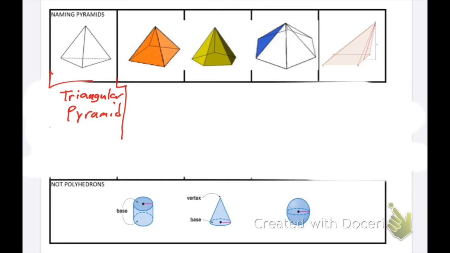Now let's look at this one. What's the shape of my base? The shape of my base is a square. And one other thing we gotta look out for, if I go from the vertex, if I draw a perpendicular line to the base, if it lands right in the middle there, and if it's perpendicular to the base, then I can say that this is a right pyramid.